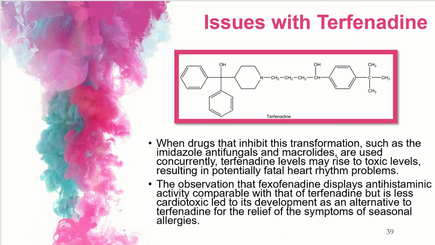So when terfenadine is metabolized, it produces fexofenadine, and if fexofenadine has comparable activity to terfenadine, then why not use fexofenadine if it's just as active or more active, whichever, and have less cardiotoxic activity?